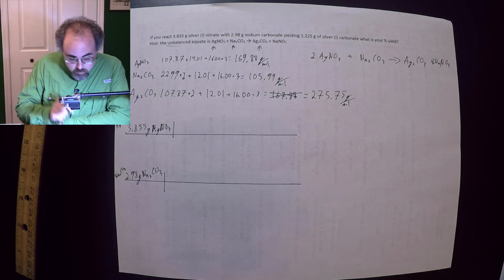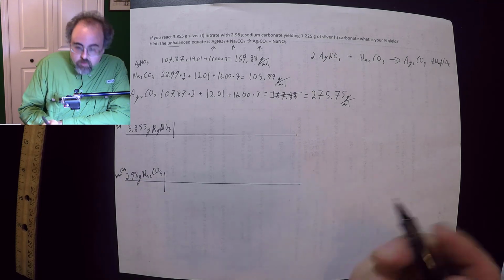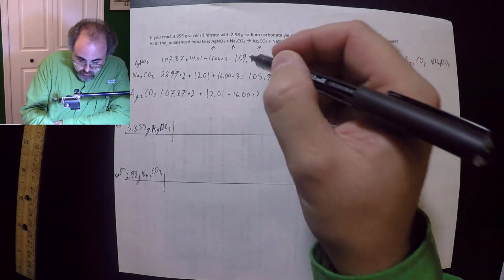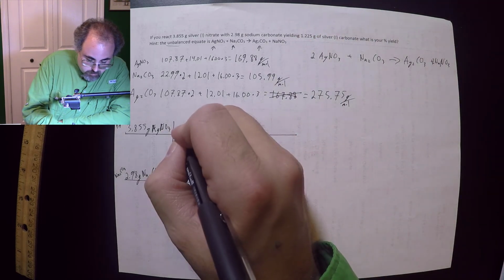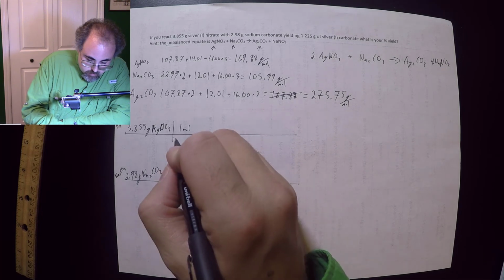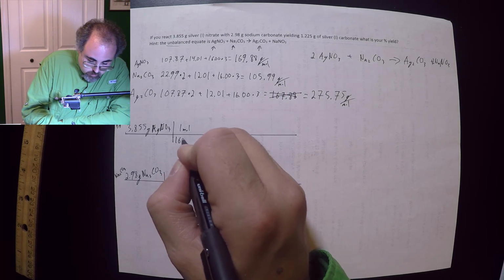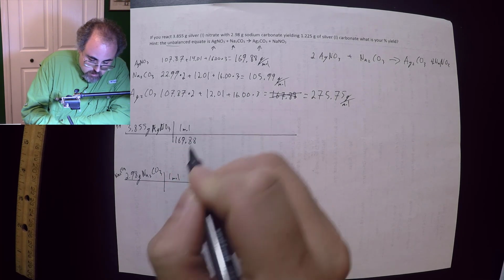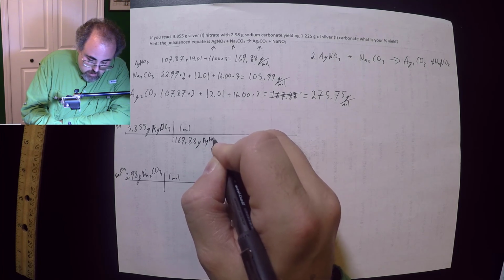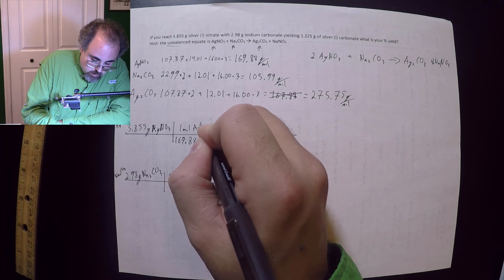Okay, so next up, I'm going to convert those into moles because I can't do anything with grams. So I've got the formula weight, that's grams per mole, so the moles are going to go on top, and grams are going to go on bottom. So 169.88 grams AgNO3.